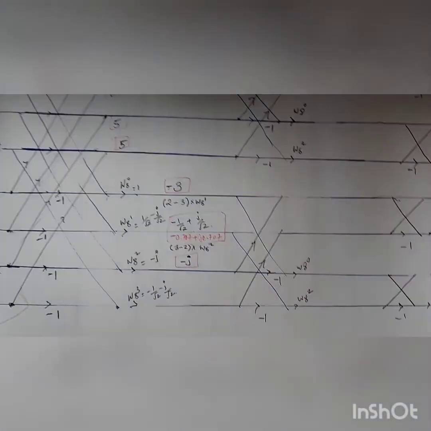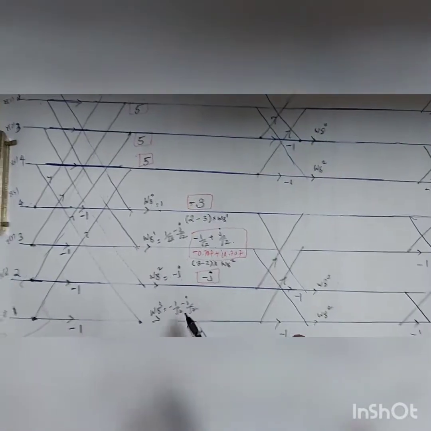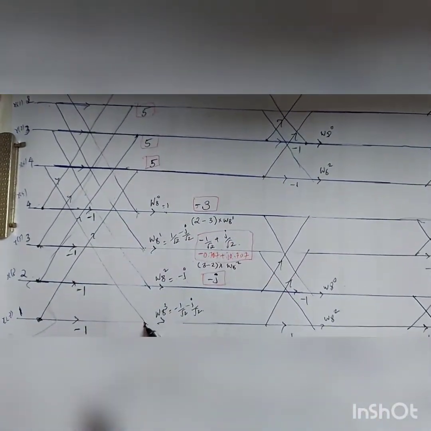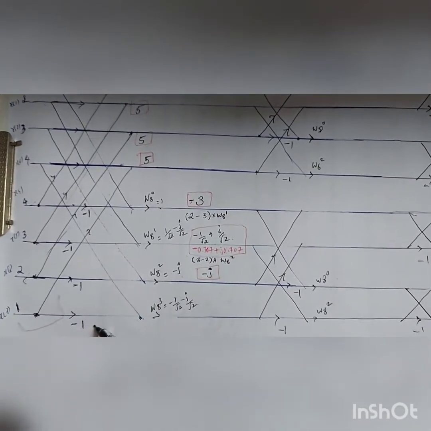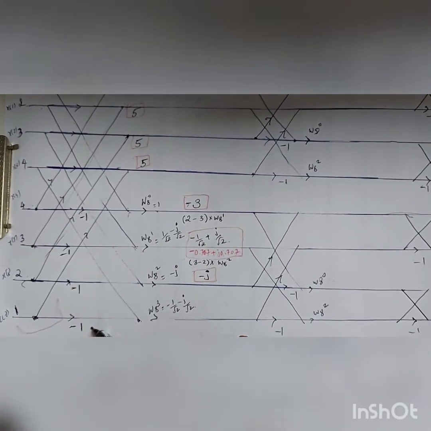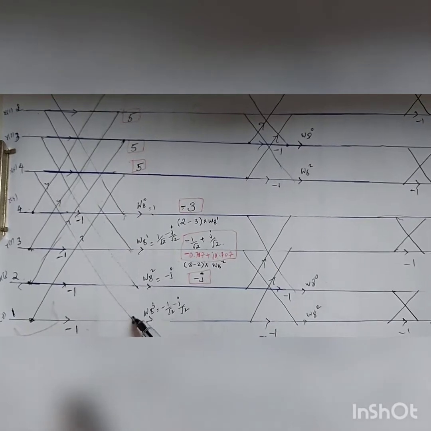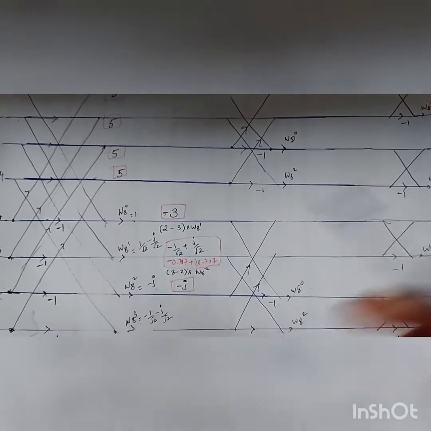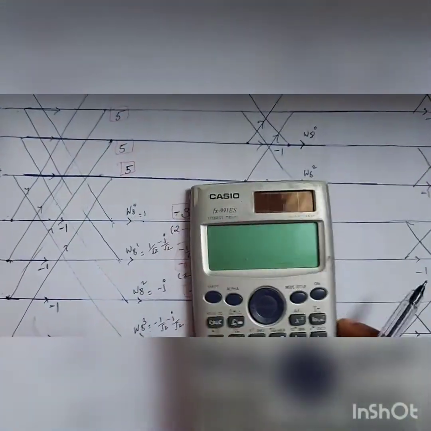So here, what is the next value? Please look at this. Here I will take plus 4 coming over here, 1 into minus 1 is minus 1. So 4 minus 1 is 3, 3 into W8 power 3. This is the value I need, which I have already stored.